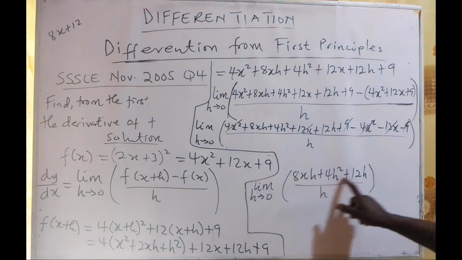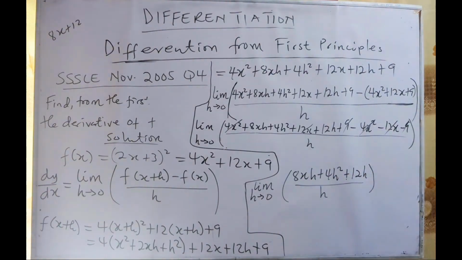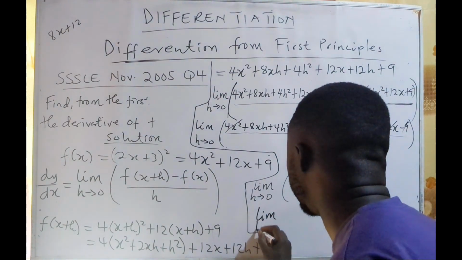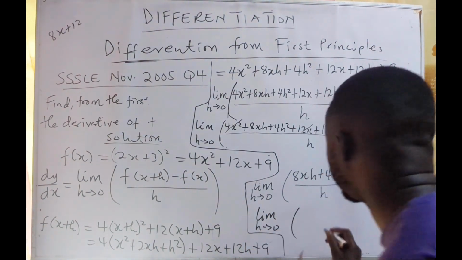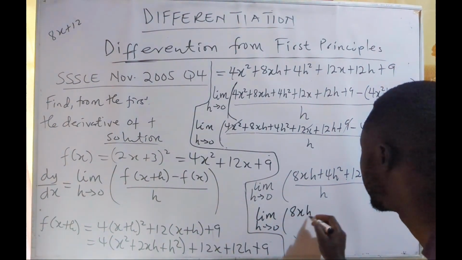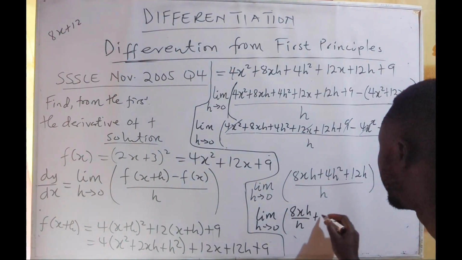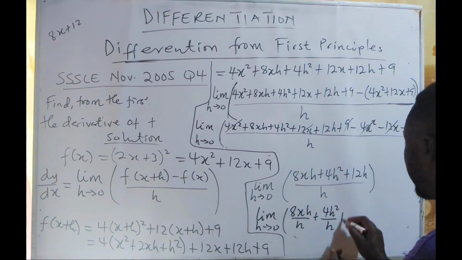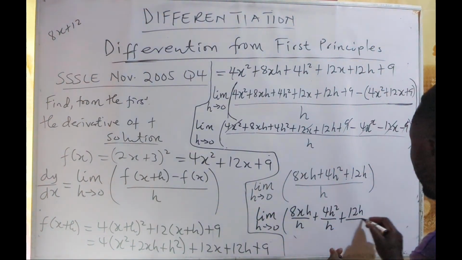So every term at the denominator is divided by h. So we can write it as our limit as h approaching 0 as 8sh over h plus 4h squared over h plus 12h also over h.